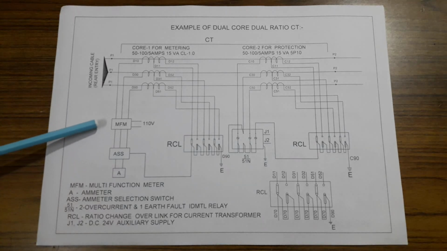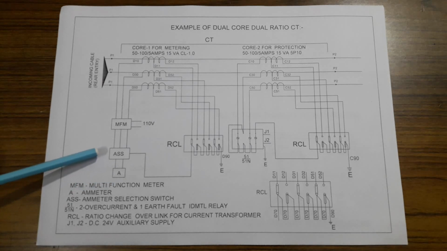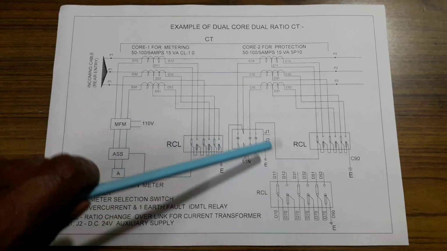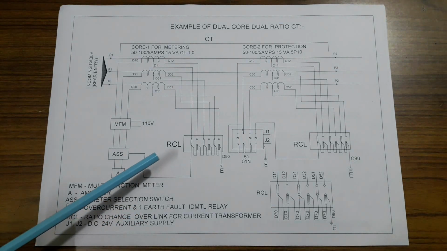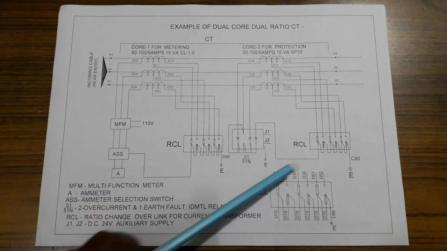Here MFM is the multifunction meter, A is the ammeter, ASS is the ammeter selection switch, 51 by 51N is the IDMT overcurrent and earth fault relay. J1 J2 is the DC 24 volt auxiliary supply, and here is the RCL. That's the enlarged view of RCL.